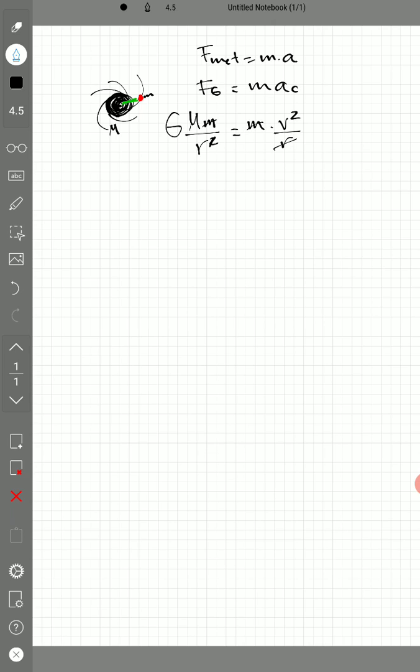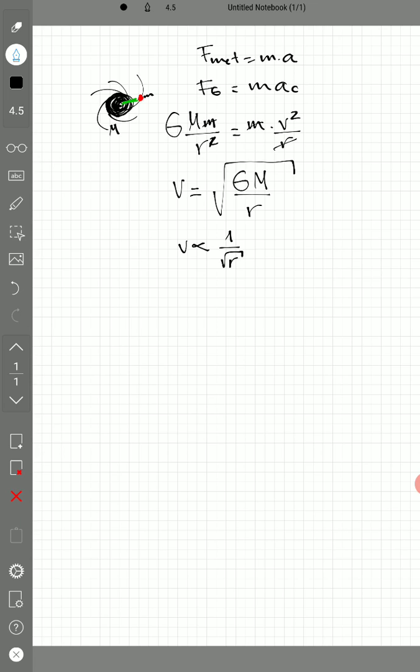And what we get in total if we solve for v is that v will be equal to the square root of GM over r. So that is basically telling us that v is proportional to 1 over the square root of r.